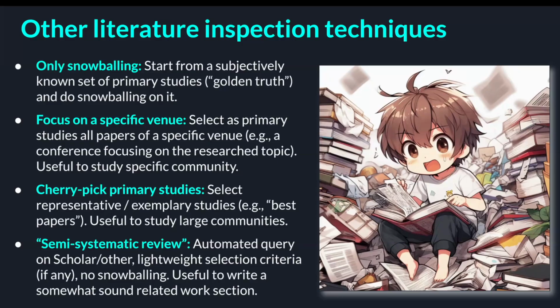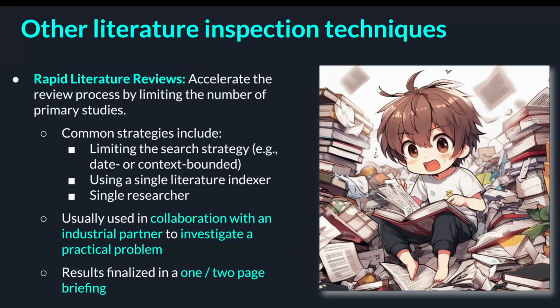Or a semi-systematic literature review. Usually these are actually called rapid literature reviews, which is a way in which you can conduct literature reviews in a very fast way, where you usually just scope down the set of primary studies via different strategies. Could be limiting the search strategy. So for example, I just look at what happened in software testing in the last year, or in the last year of software testing in the automotive domain.